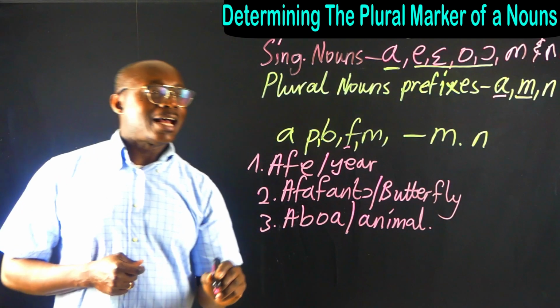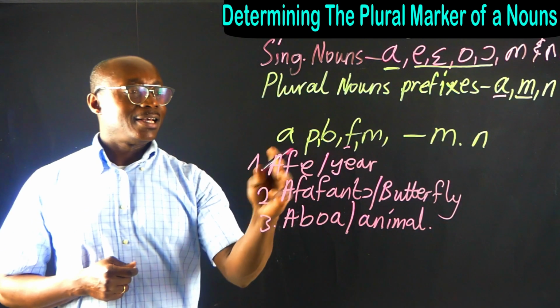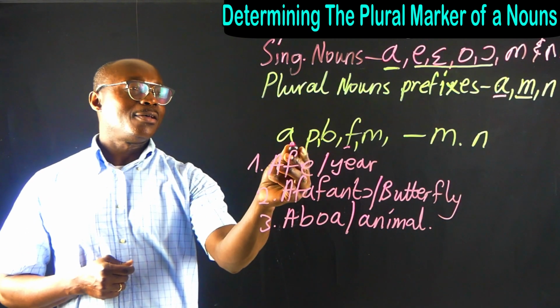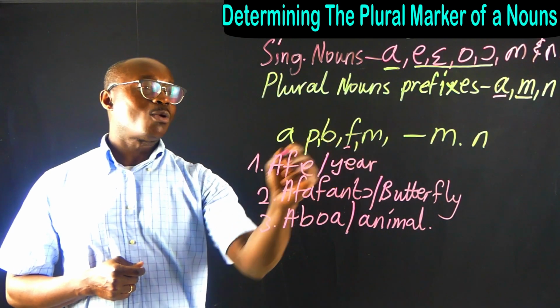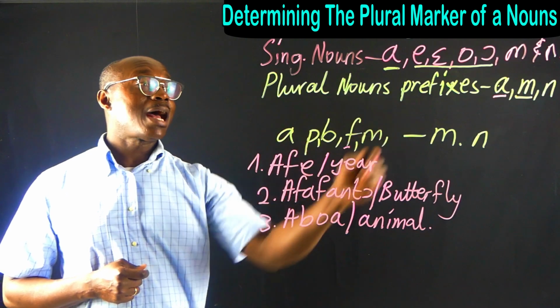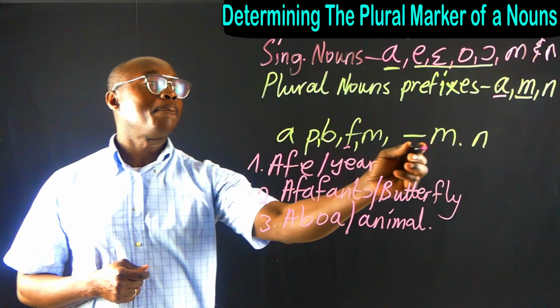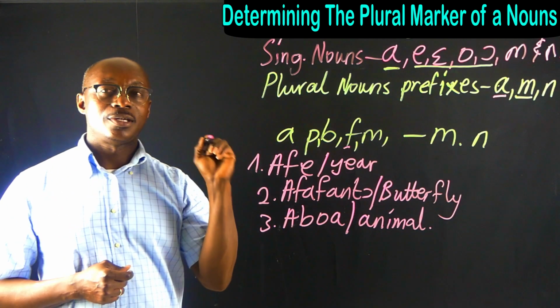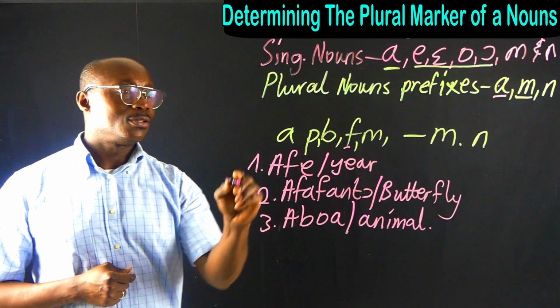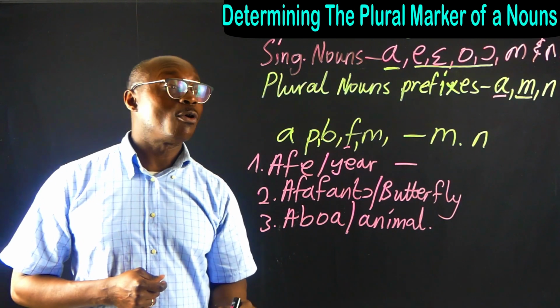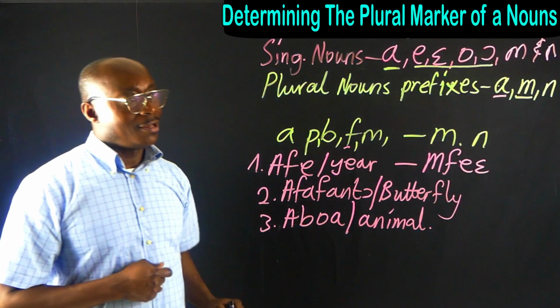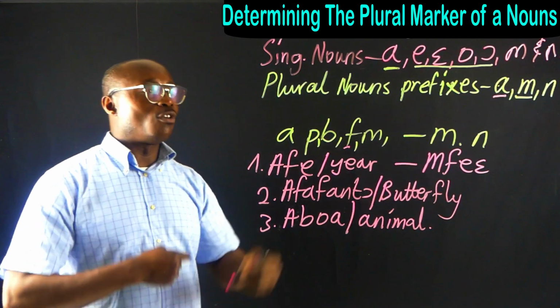What we are saying is that if you find a noun in this state having the prefix a followed by any of these consonants, then in the plural state it's likely to take m as what? Prefix. So here, afie, in the plural state, it will be what? That is the plural for years.